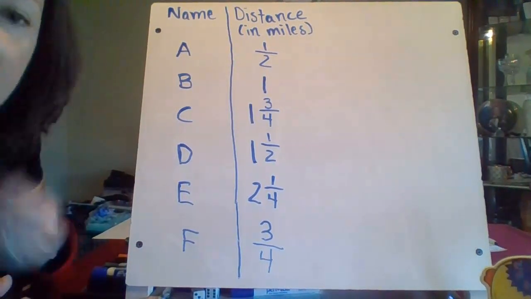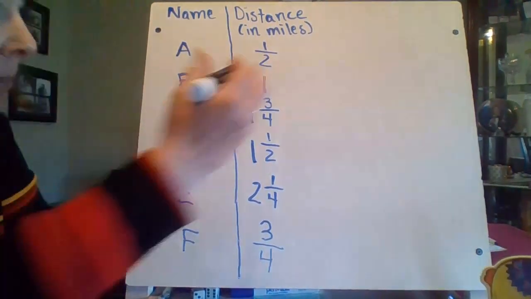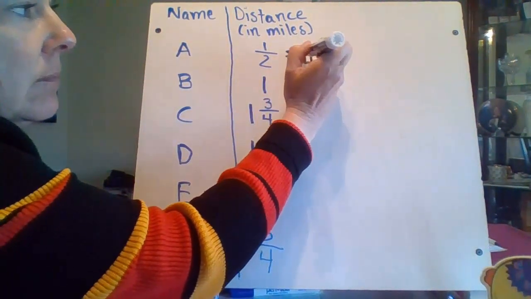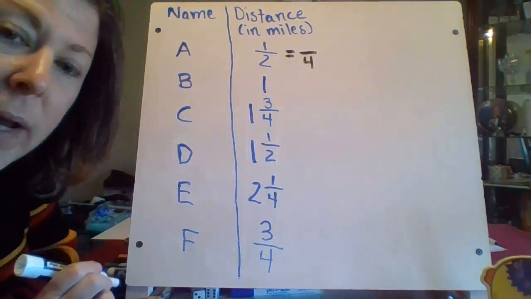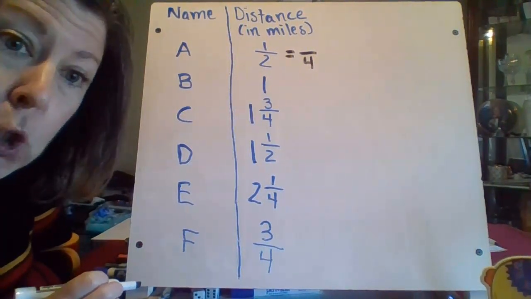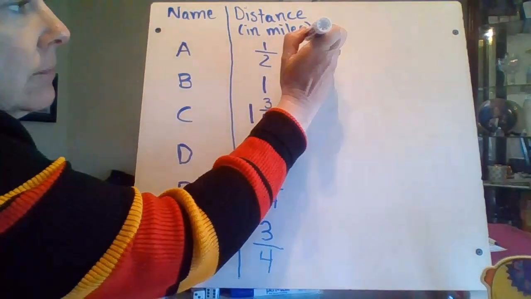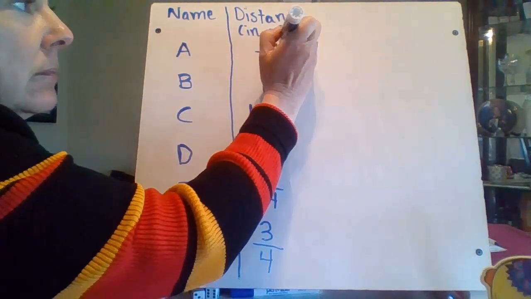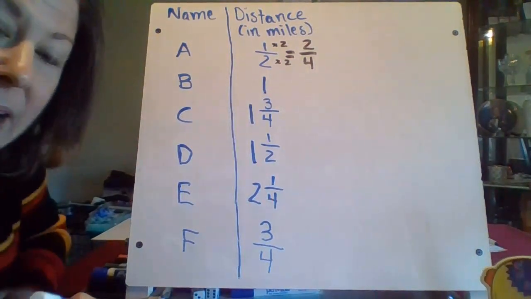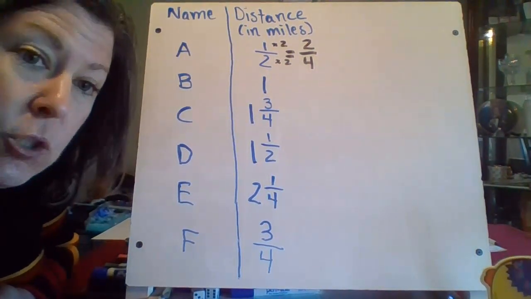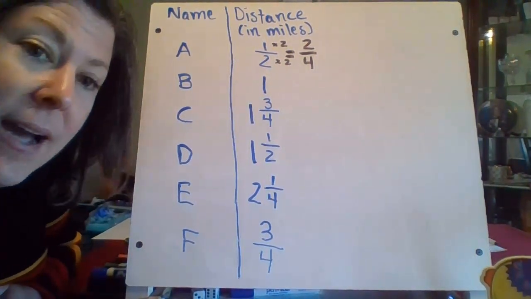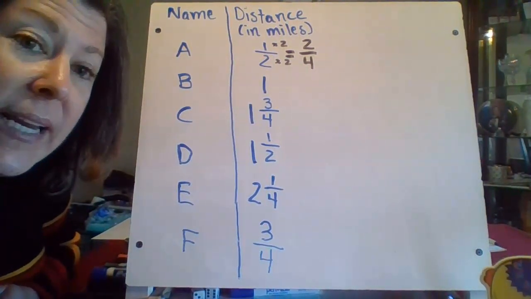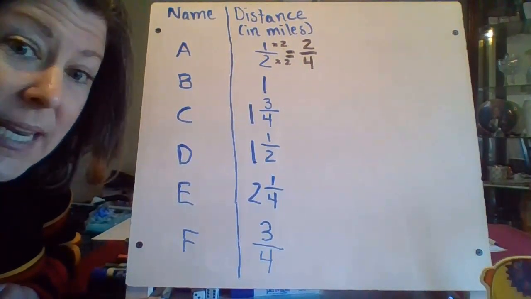So the first thing I have is 1/2. And 1/2 is the same as 2/4. And this is what I suggest, even as you do the online lesson, make sure that in that data, you rewrite the fractions with the same unit.